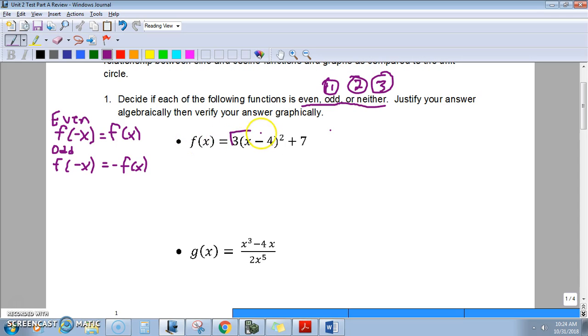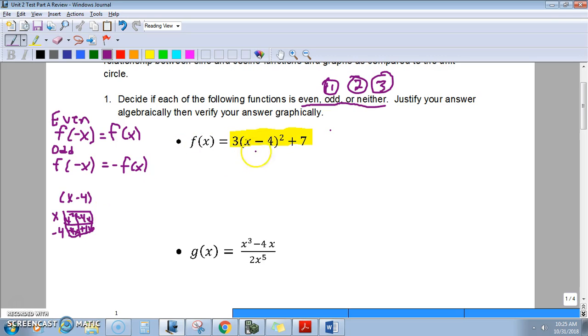If we want to simplify it, first I have to square x minus 4, which is x minus 4 times x minus 4, and we get x squared minus 8x plus 16.